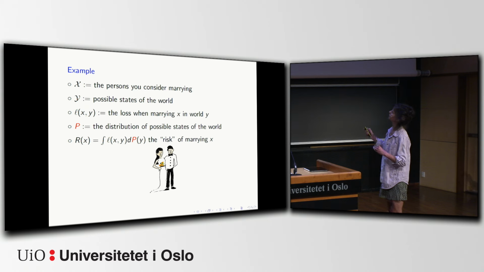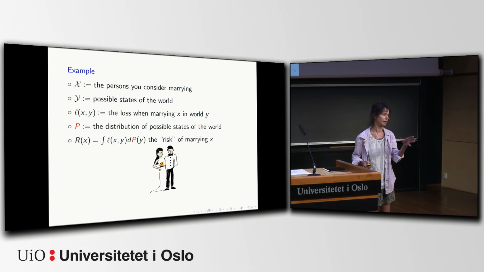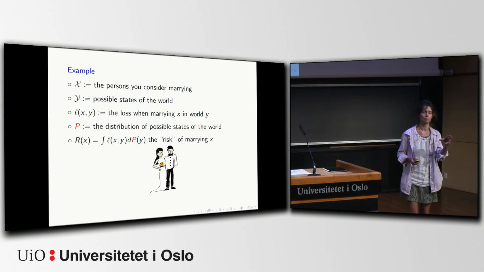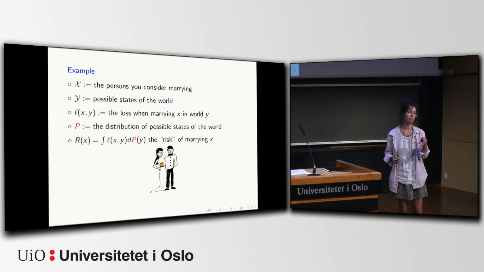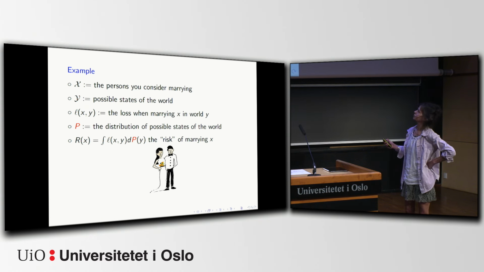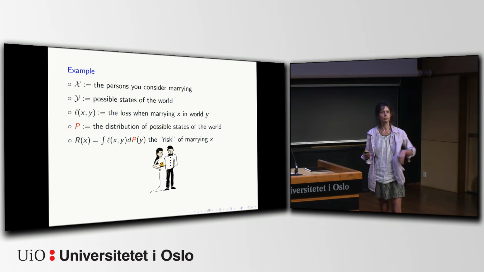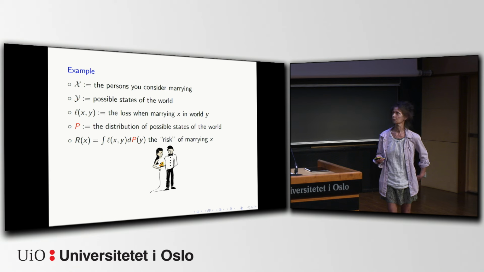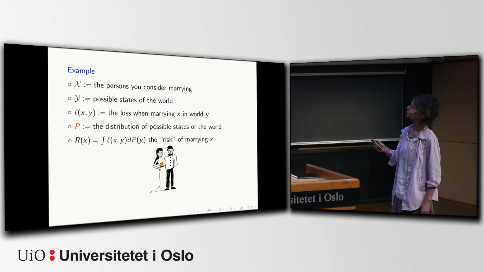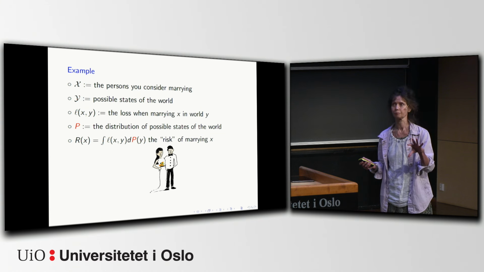So you don't know the probability measure. Just to give you an example, we know that getting married is a very difficult problem. So let me look at that problem, to start with the most difficult case, okay? So you consider marrying, and X is the person you might want to marry. You're a very rational person. And the possible states of the world, so how things will develop in the future, are not known.